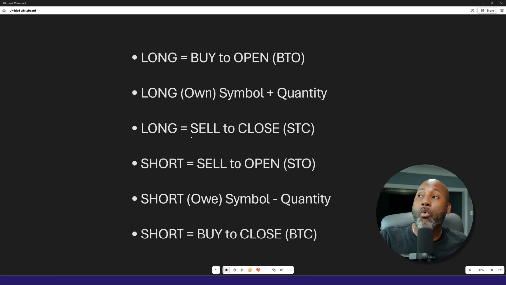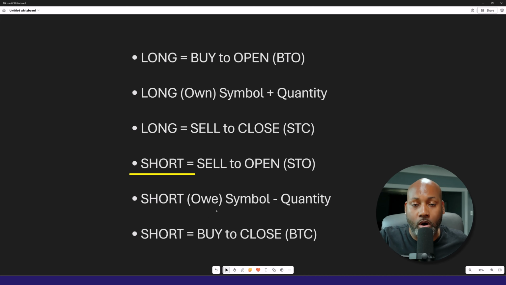You own the shares or whatever security you have, whether that's options, the financial instrument, you are long in that position. Now, in order to close that position, which is another term we have not talked about yet, we talked about open. So if you open a position, you need to close the position. So if you bought to open, then naturally you need to sell to close. That's the idea. So the opposite of long, of course, is going to be short.